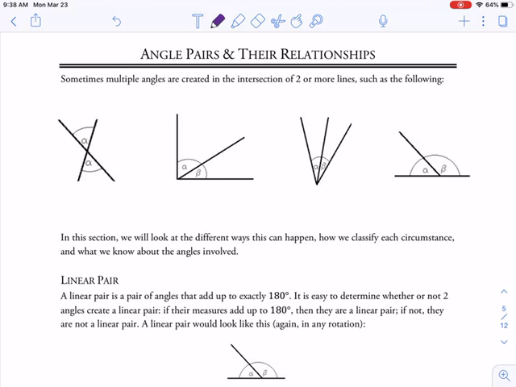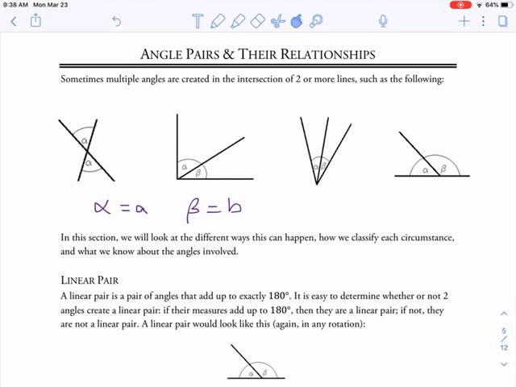Another example of that was when we used theta to represent our angle in our trigonometry unit. So angles are often represented by Greek letters. So alpha is the same thing as A, and beta is the same thing as B. Just in case you didn't know what those meant, that's what they are.